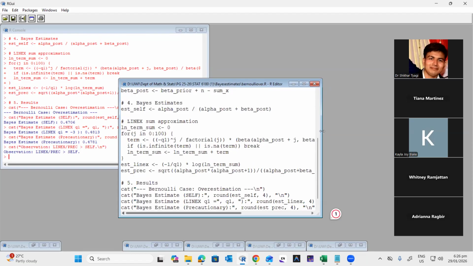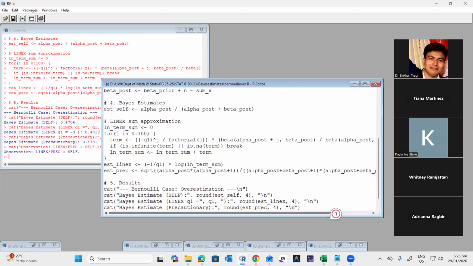You are seeing we are applying the for loop, because of the value of theta cap under the Linex loss function. It was -1 upon q, minus q upon 1 upon q, and then summation over the range of j, that is minus q raised to the power j divided by factorial j, into the beta function.